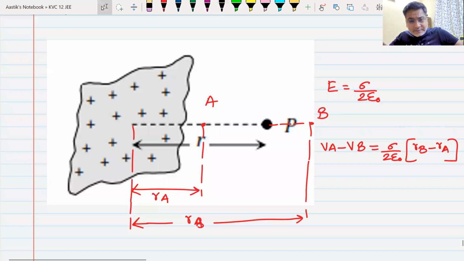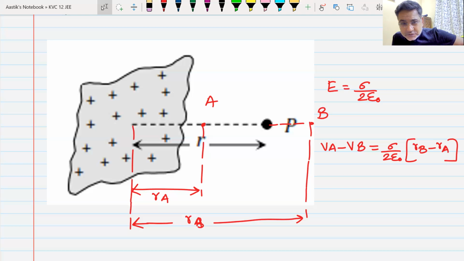And what better example than this one? The electric field due to an infinite sheet is sigma by 2 epsilon naught. And this is the only type of charge distribution that produces a uniform field. Remember it. What will be the potential difference between 2 points whose distances from the sheet are RA and RB?